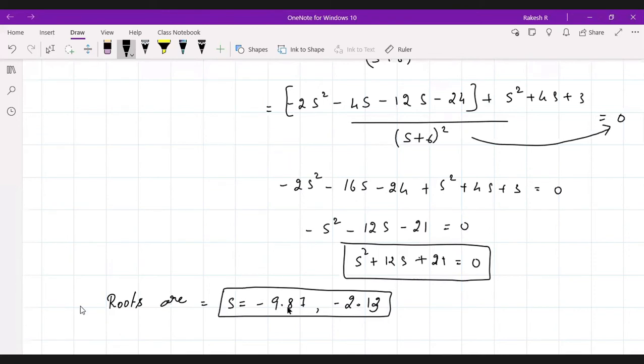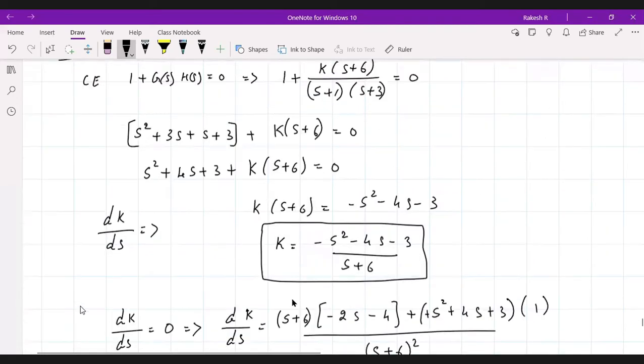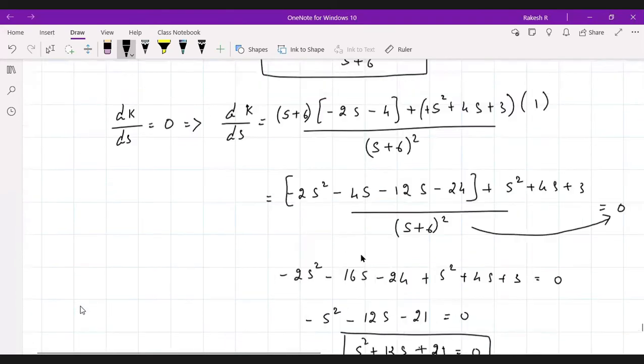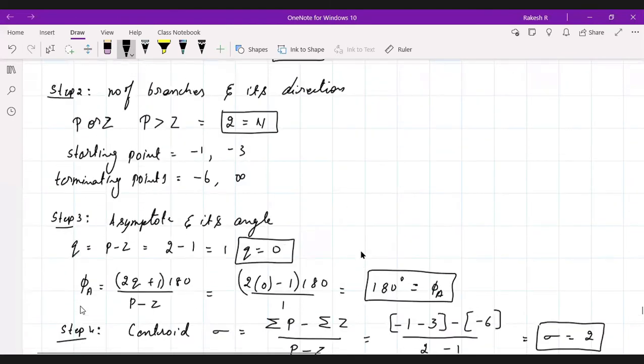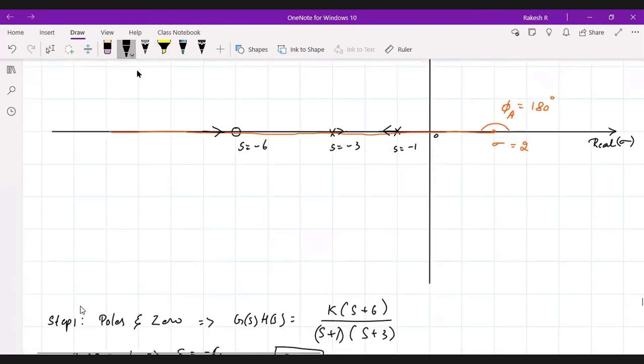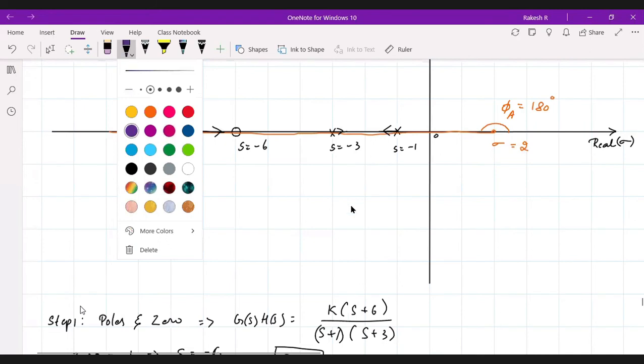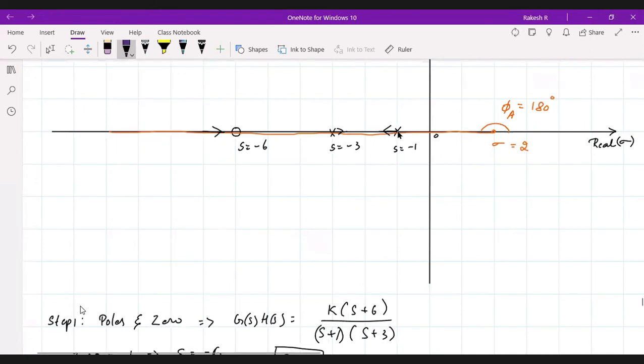So we got 2 points here, right? See here what we got. First one is minus 2.13. We need to mark minus 2.13 here, somewhere here. This is s is equal to minus 2.13.